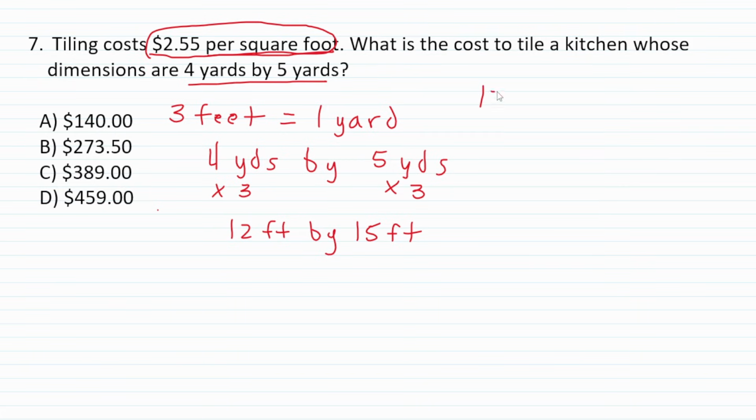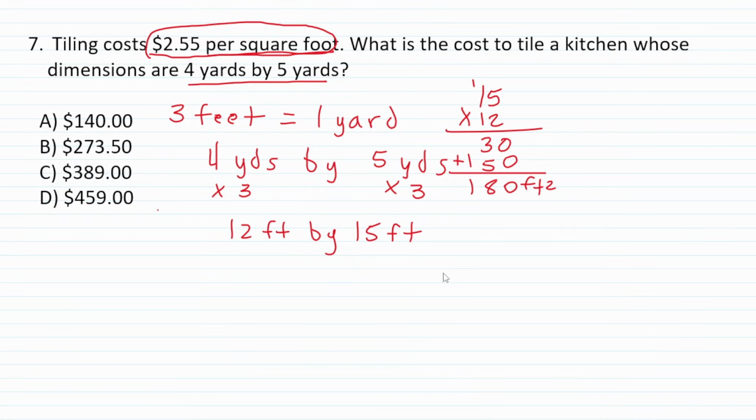So the next thing we're going to do is 15 times 12 to get the area of our kitchen, which is a rectangle. This is 5 times 2, which is 10, carry a 1. 2, 3, add a 0 placeholder, 5, 1. This is going to be 180. So our kitchen has an area of 180 square feet.